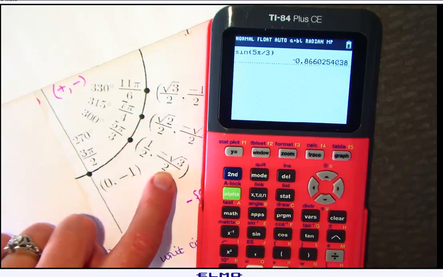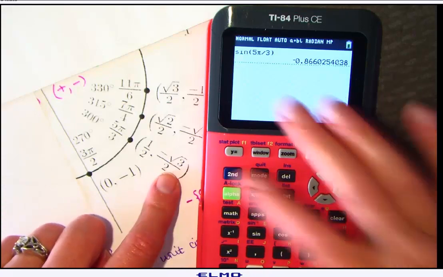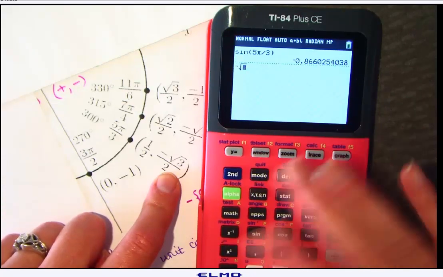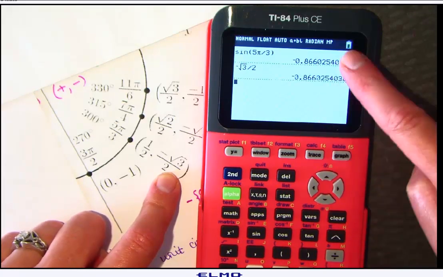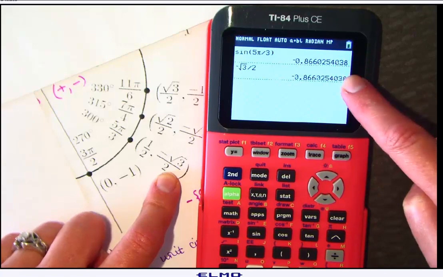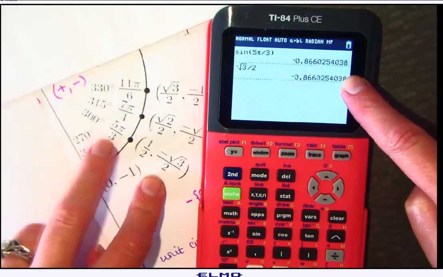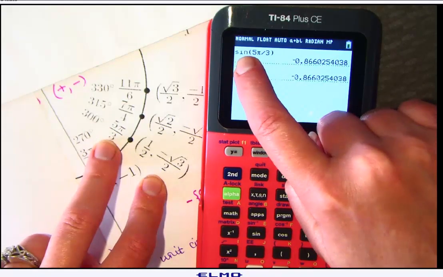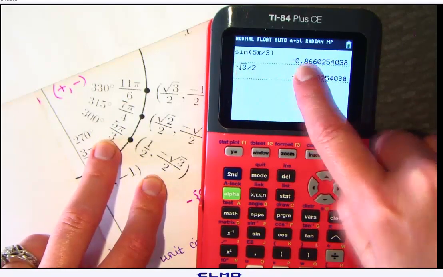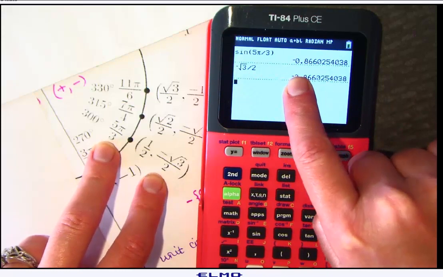And this negative 0.866 is equivalent to root 3 divided by 2. See how I have the same decimal? So I know for sure that I'm looking at the right angle because it has the same sine value that I have here on my unit circle.